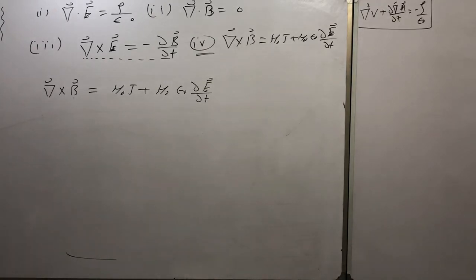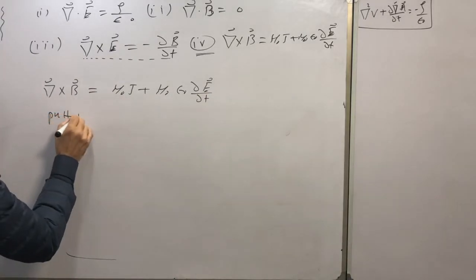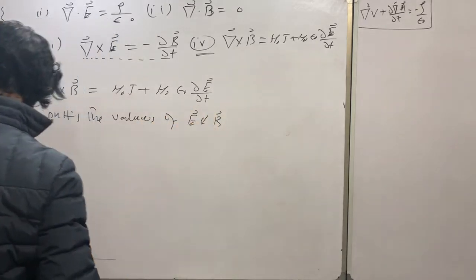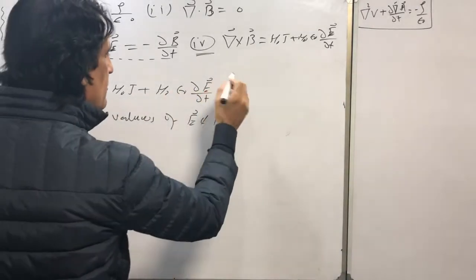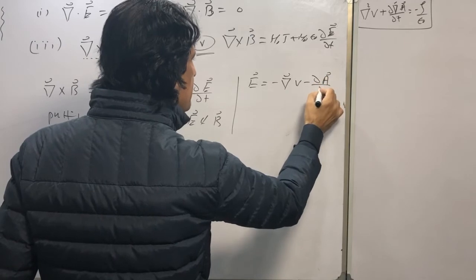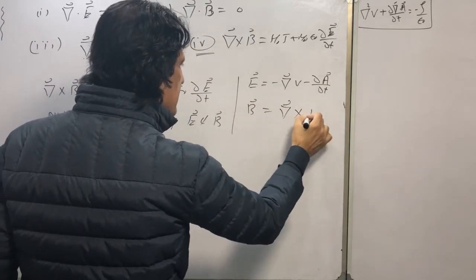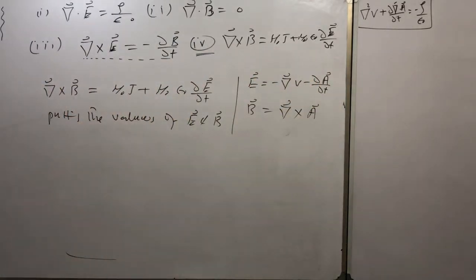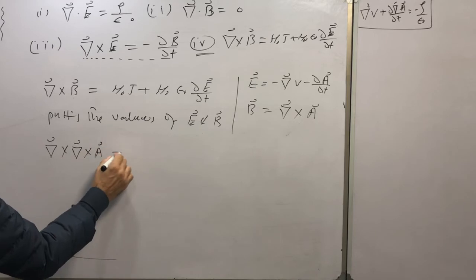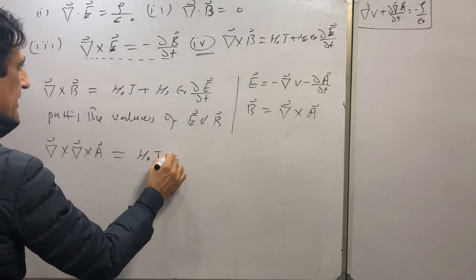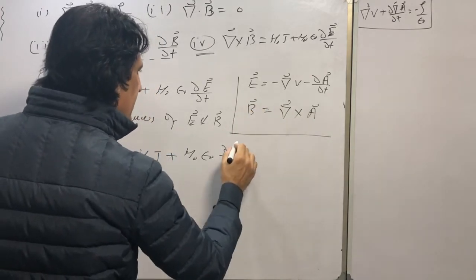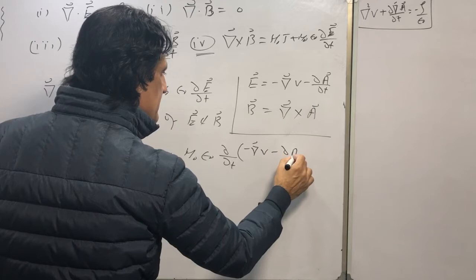Putting in the values of E and B, we know E is equal to minus del V minus partial A divided by partial t, and we also know B is del cross A. So putting these values in this equation, del cross del cross A is equal to mu naught J plus mu naught epsilon naught times the value of E, minus del V minus partial A divided by partial t.